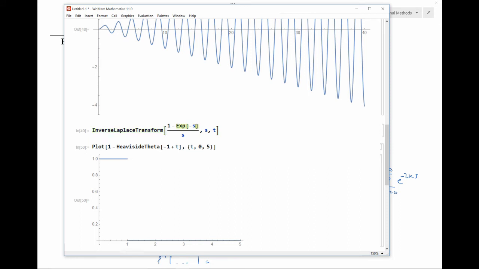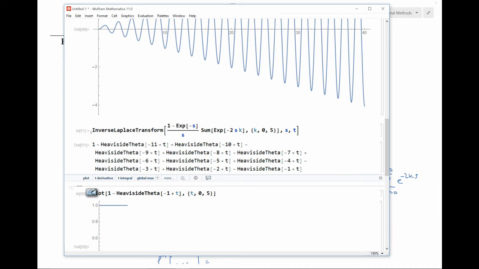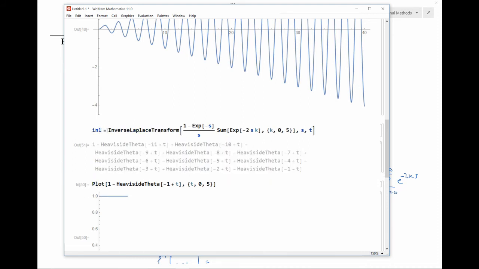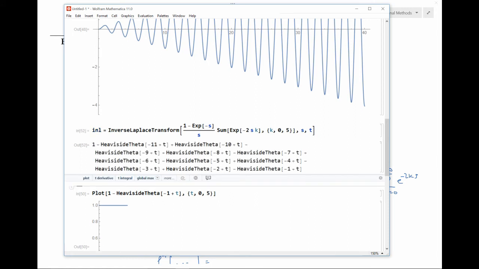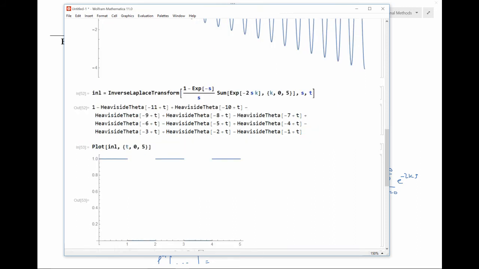When I multiply this by a sum of exponential terms, where k goes from 0 to some predetermined number, let's call this inf L. Then plotting it is okay.